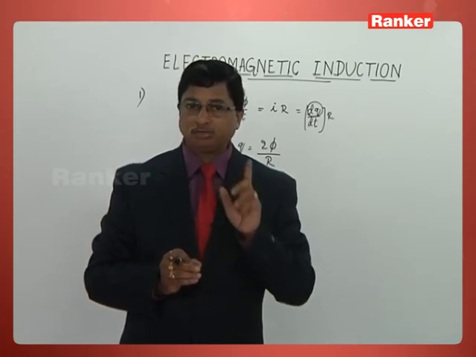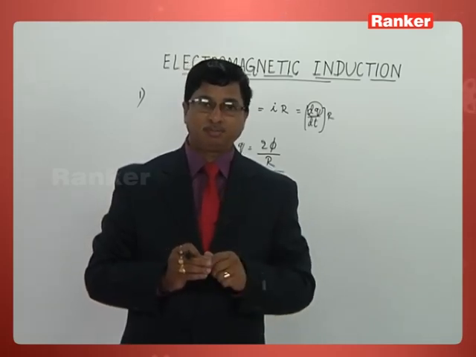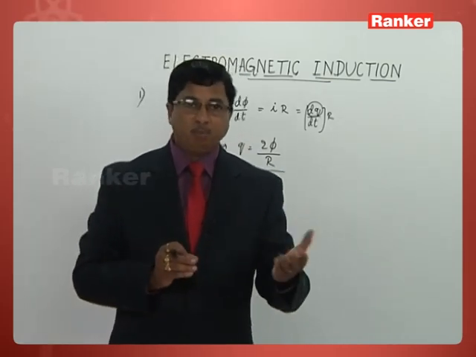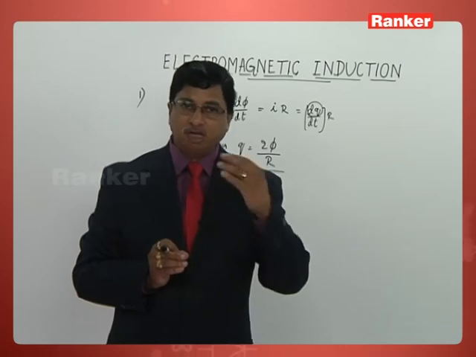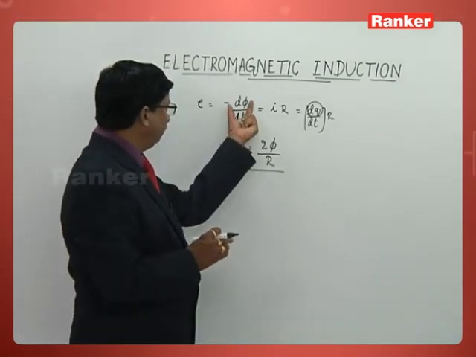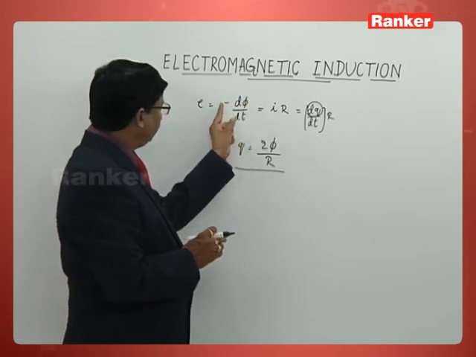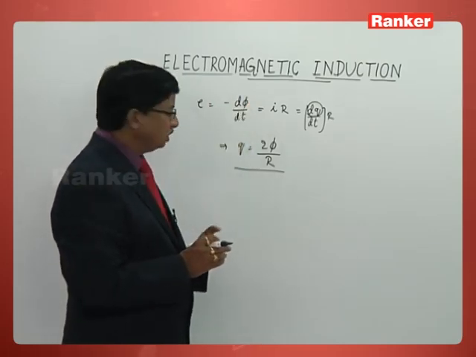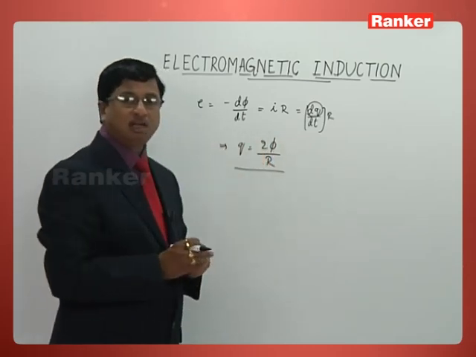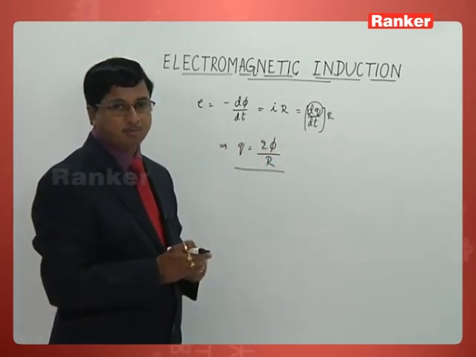That's the most important aspect one should understand. So the difference that time will be minus phi, which becomes minus 2 phi. In place of d phi, if I write minus 2 phi, minus of minus becomes plus. So plus 2 phi by R becomes the charge here.